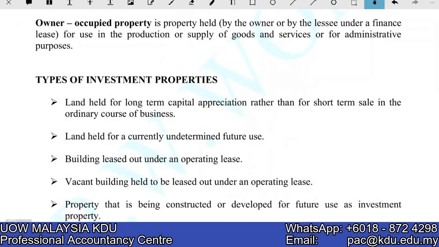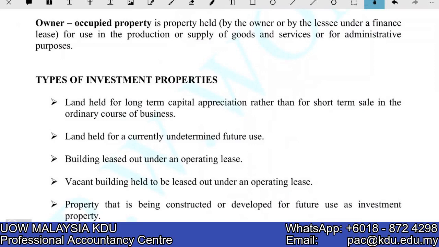Even if I have a piece of land, I do not know what I'm going to use it for, I will classify it as investment property, right? Because if I know that I'm going to use it as my office, then it will be my PPE, isn't it? Right? So even if I do not know what it is for, then it will be classified as investment property. Building leased out under operating lease, rented out, they are investment property.